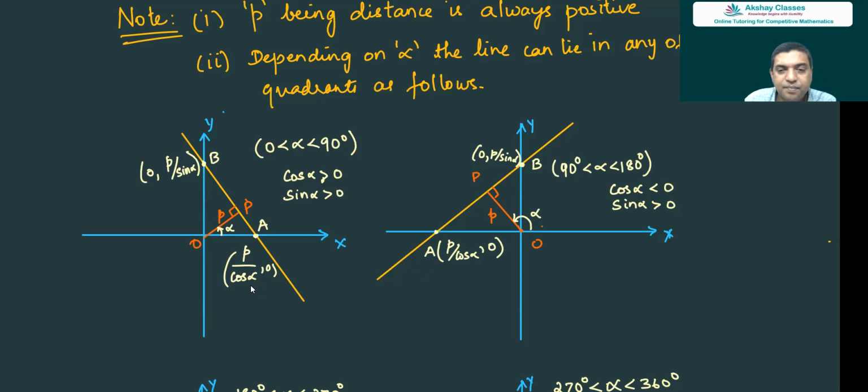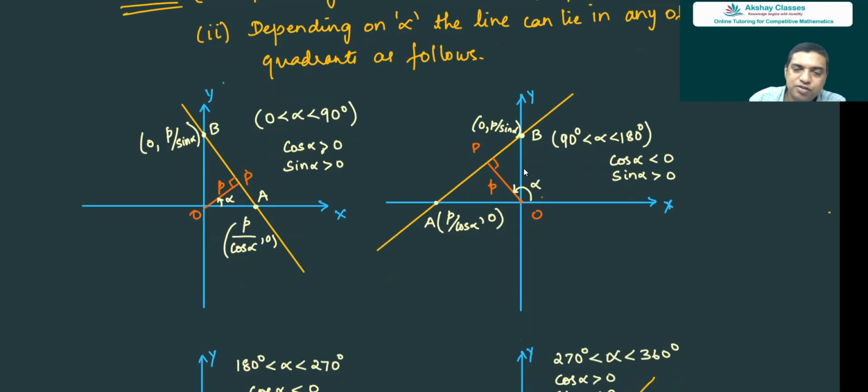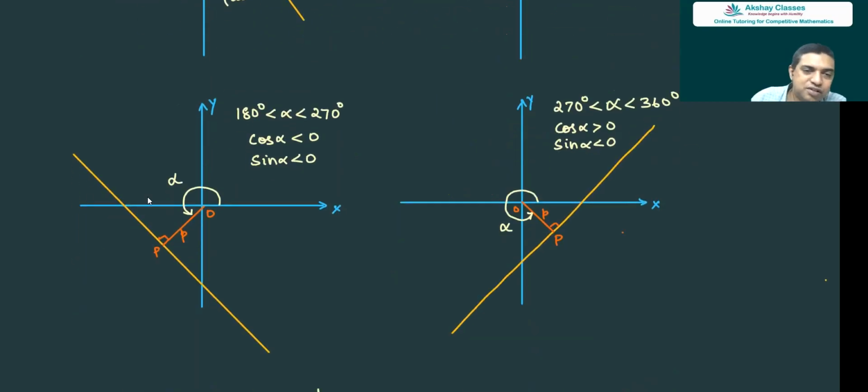Okay. So here cos alpha is negative. So P upon cos alpha will be negative. So that's why A is on the negative side. But sin alpha is positive. So P upon sin alpha is positive. So B is on the positive side. Understood? Now both cos alpha and sin alpha here are negative.